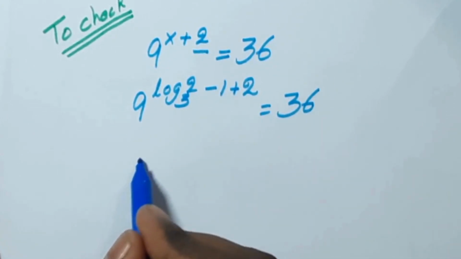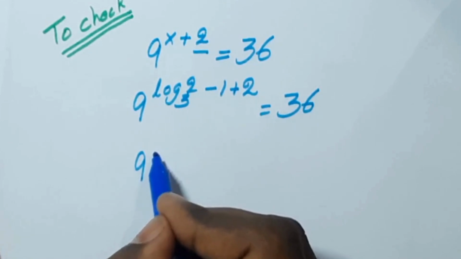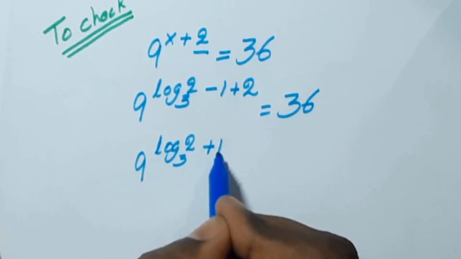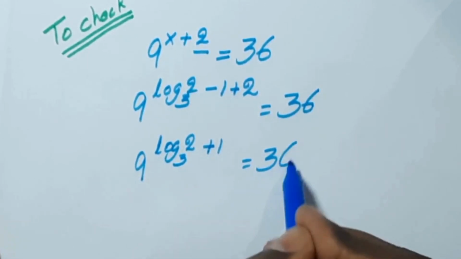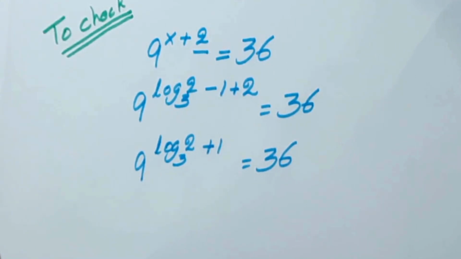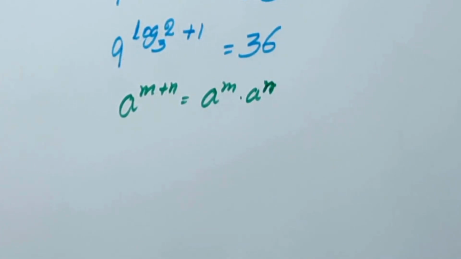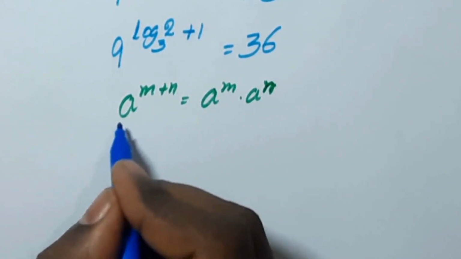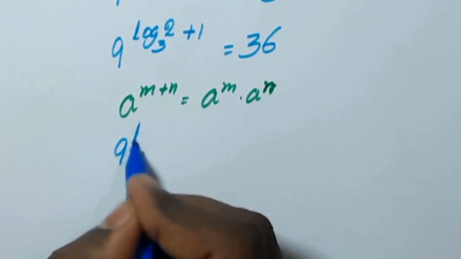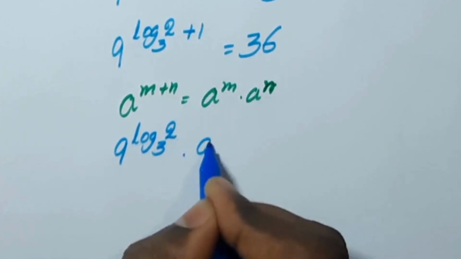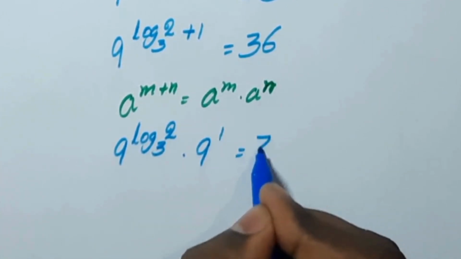Now 9^(log 2 base 3 plus 1) = 36. We know that a^(m+n) = a^m times a^n. Now implementing this, 9^(log 2 base 3) times 9^1 = 36.